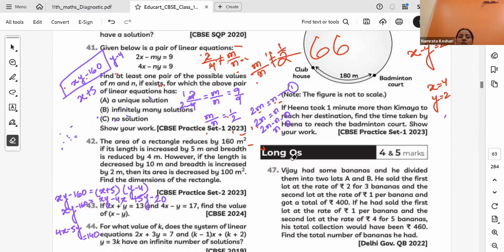The second equation says that, however, if the length is decreased by 10 with reference to the actual scenario, that means x minus 10, and the breadth is increased by 2, that means y plus 2, then its area decreased by 100. The actual area was xy, that decreased by 100. Getting it? Please do the simplification and tell me what is the normal equation.